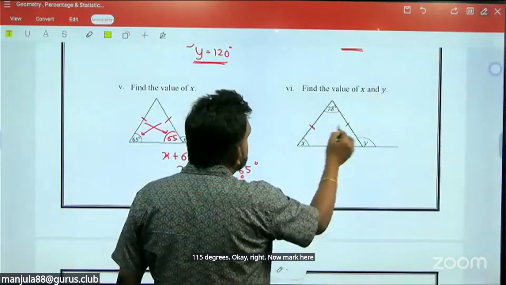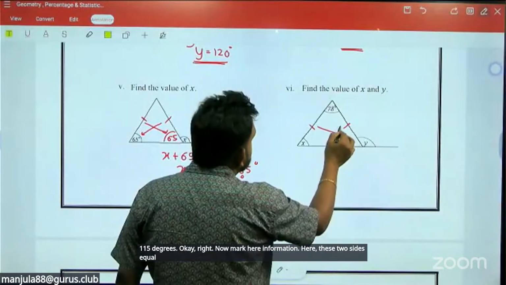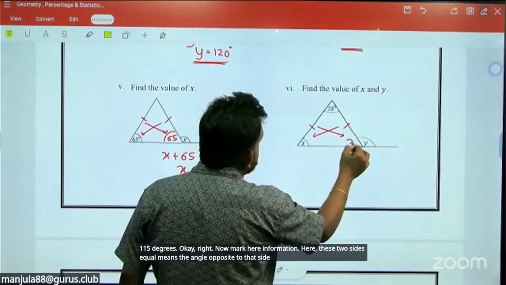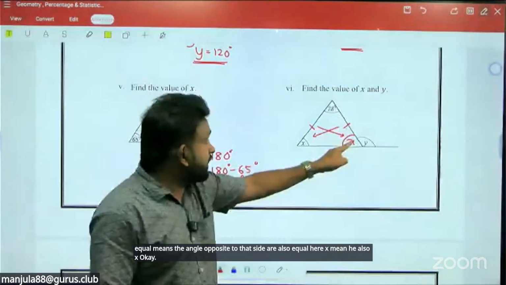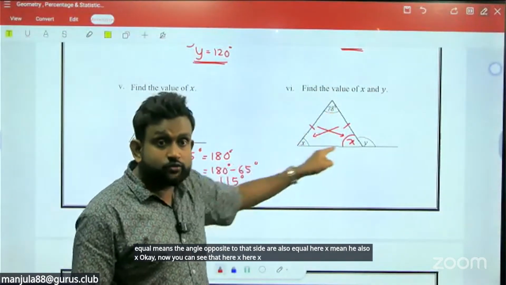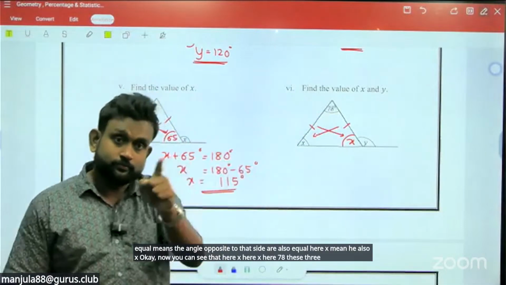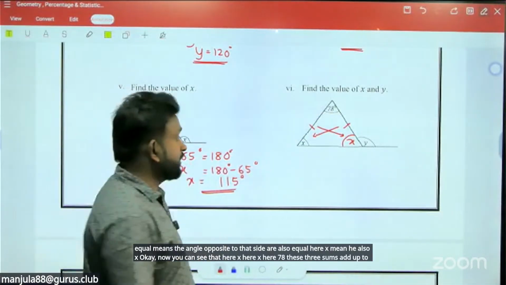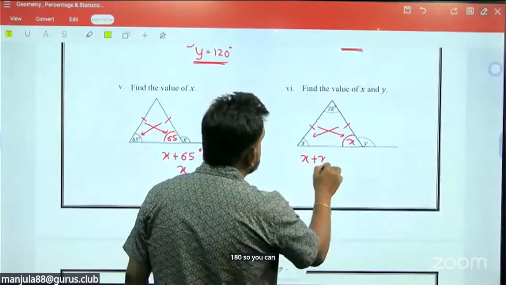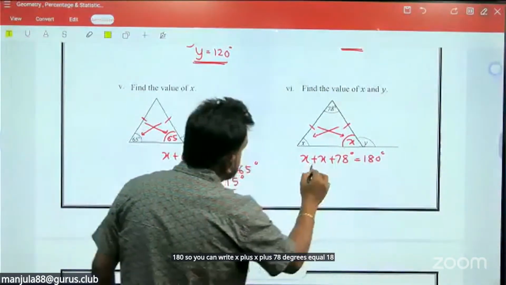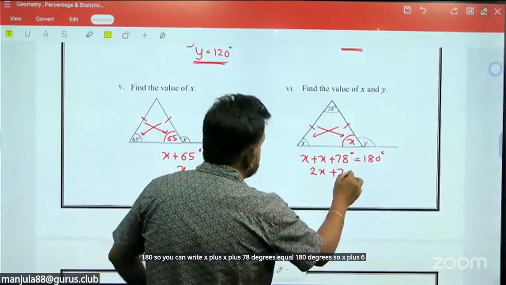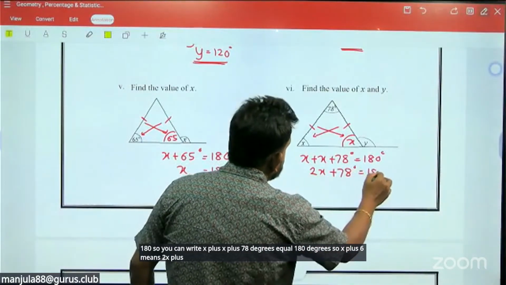Now mark here the information. Here these two sides are equal, which means the angles opposite to those sides are also equal. Here x, so here also x. Now you can see that here x, here 78. These three angles add up to 180. So you can write x plus x plus 78 degrees equals 180 degrees, so 2x plus 78 equals 180 degrees.